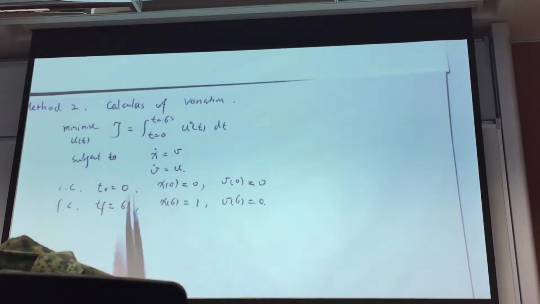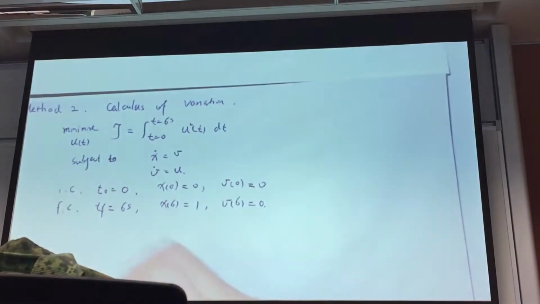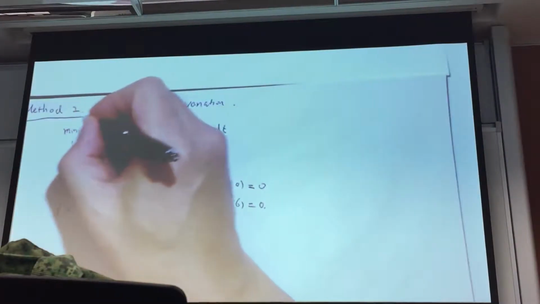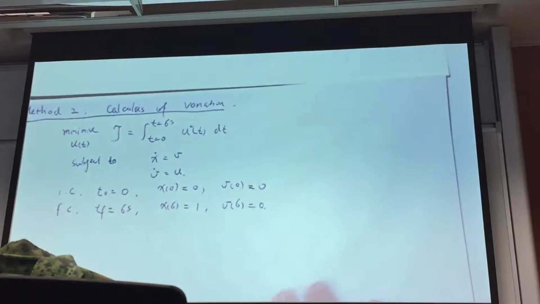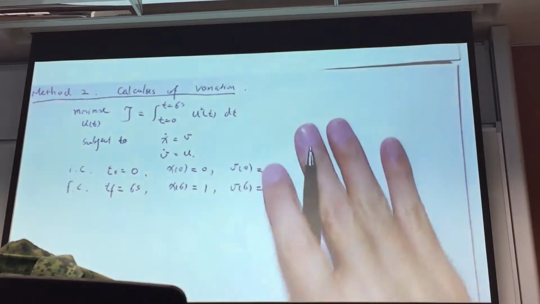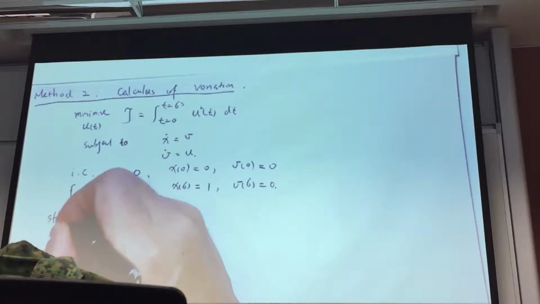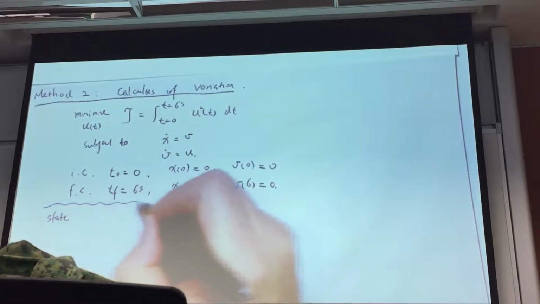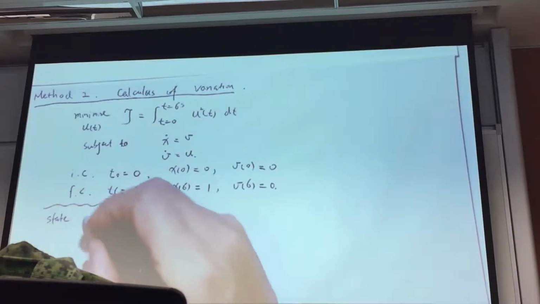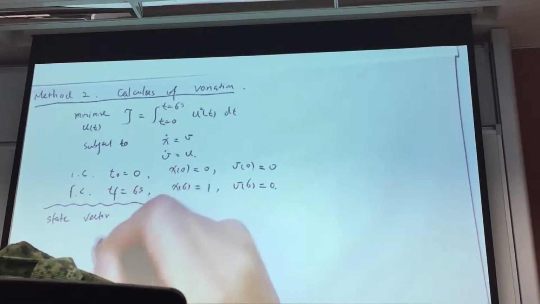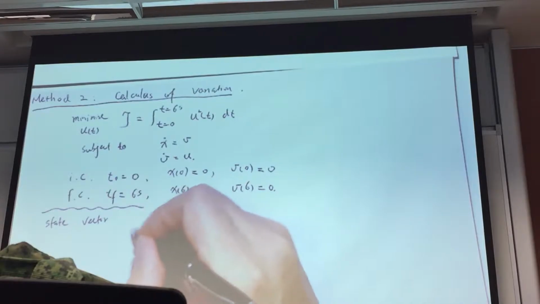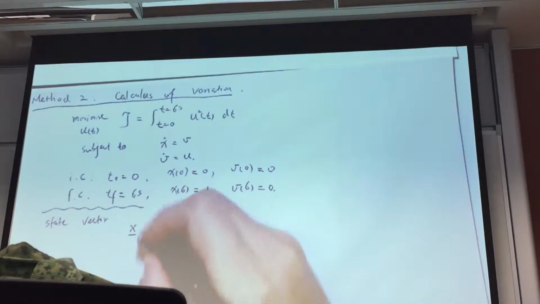So in the calculus of variations, remember we also use the state vector. So we define the state vector. So these are the problem formulation. The solution of the problem is we define the state vector, the same as before.